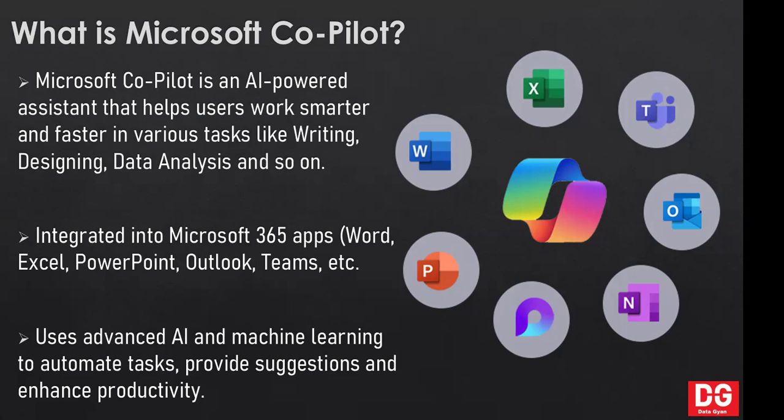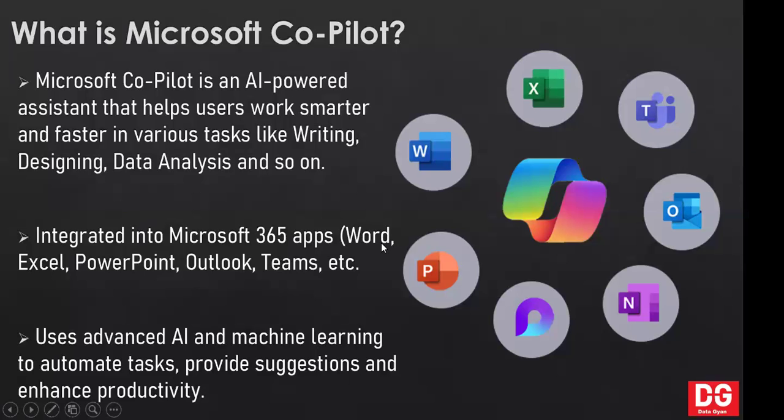By using advanced AI and machine learning, Copilot transforms how we interact with technology, making us more efficient and creative. It provides intelligent suggestions and enhanced productivity. So, Copilot isn't just about saving time, it's about improving the quality of work we produce in a business or any field.